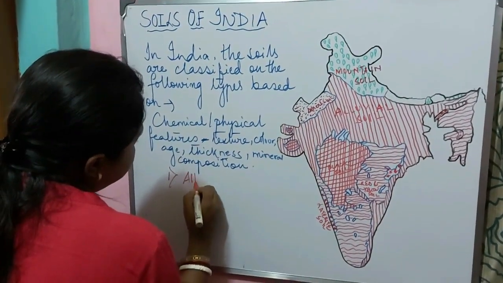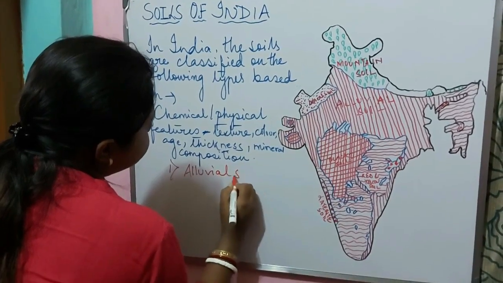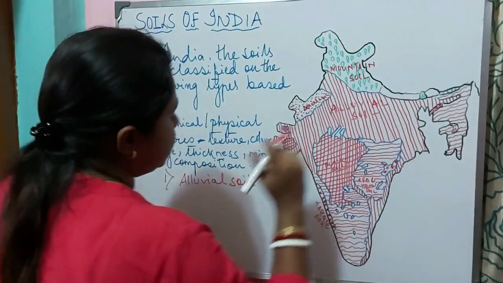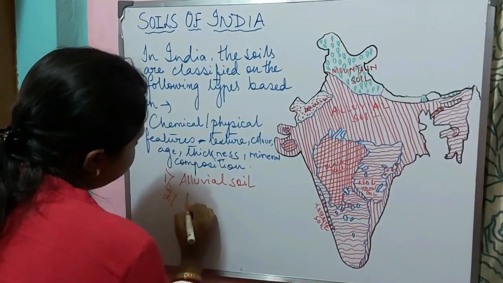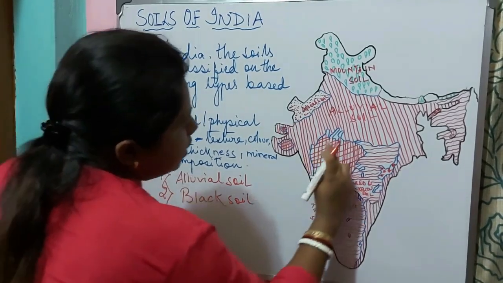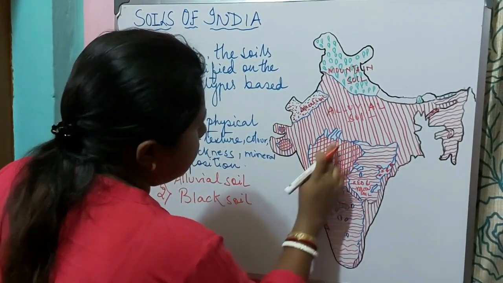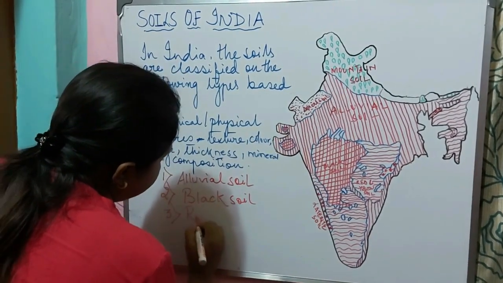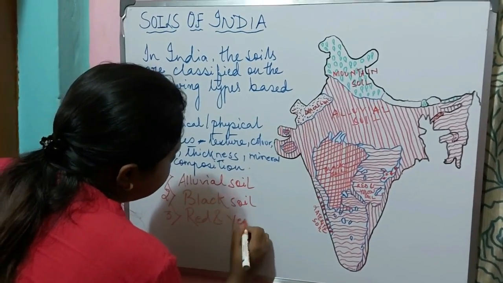Number 1, the alluvial soil. Here, you can see this is the area of alluvial soil. Number 2, black soil. These are all black soil. This one, this small portion, these are black soil. Number 3, red and yellow soil.